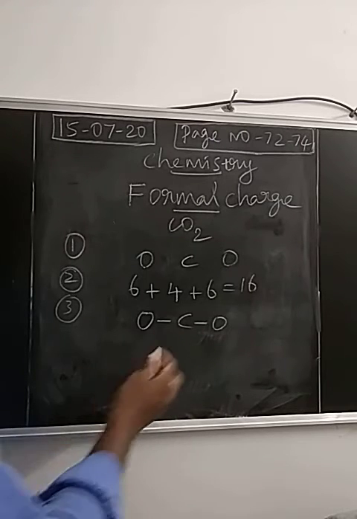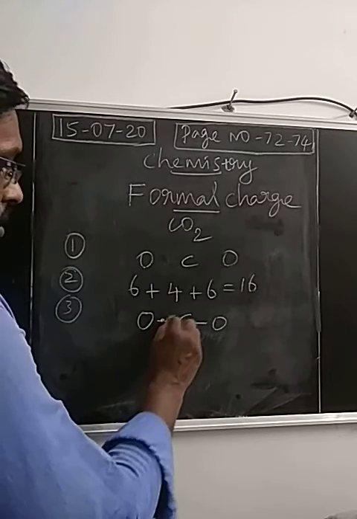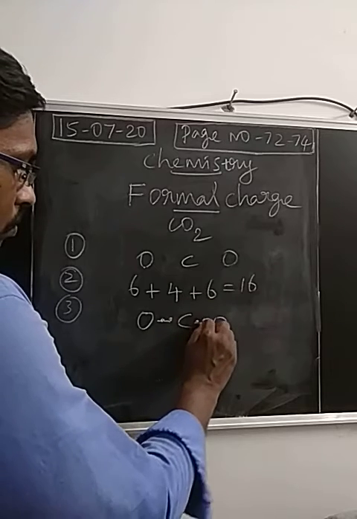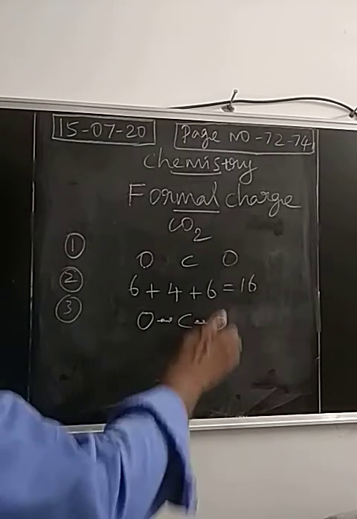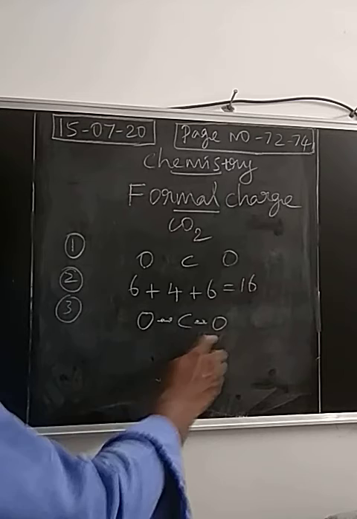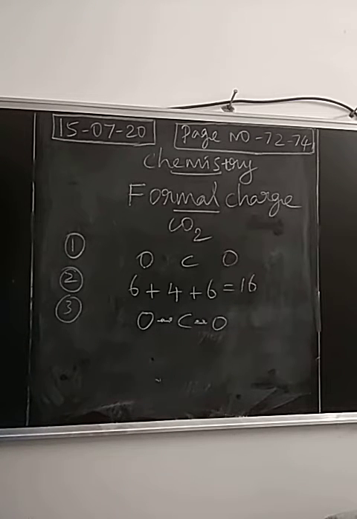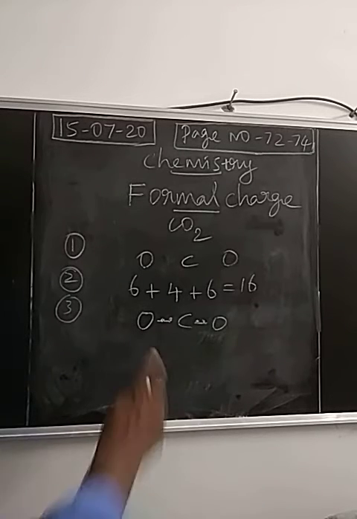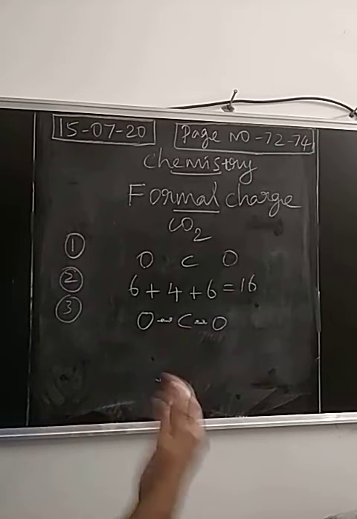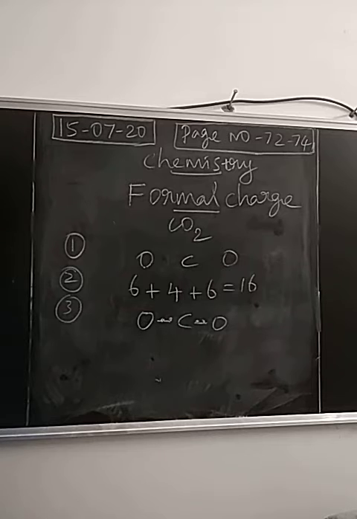Because one covalent bond contains 2 electrons, totally 4 electrons are utilized for making 2 covalent bonds. Out of 16 electrons, 4 electrons are placed as covalent bonds. Remaining, how many electrons will we have?